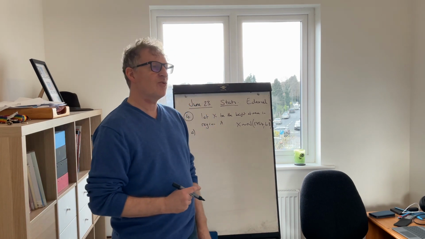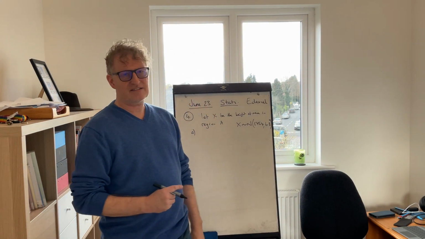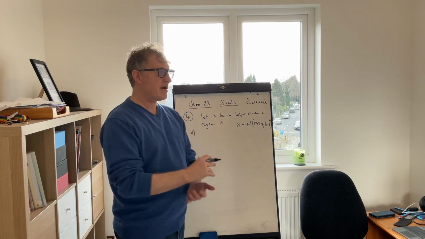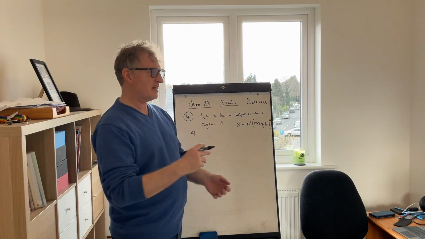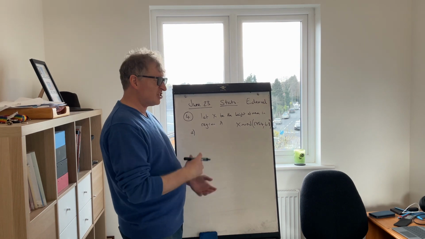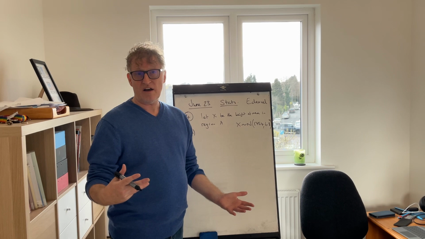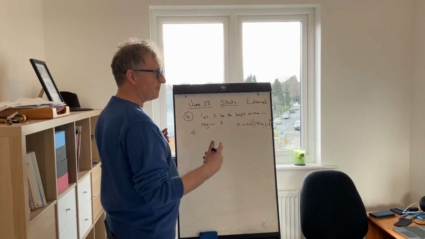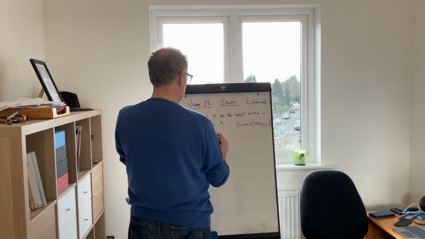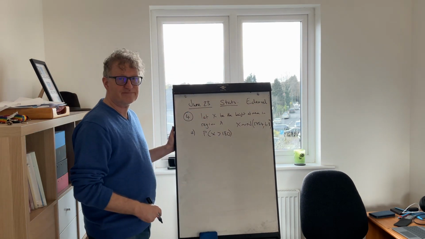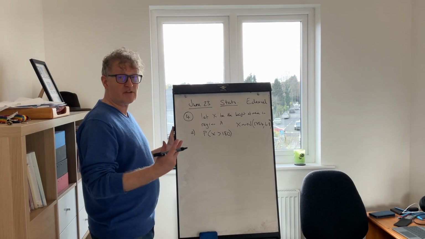Really, all they're saying is the same as if I select a man at random, what's the probability that they are above 180? It's just basically saying what fraction or decimal or percentage are greater than 180. So really, what we're trying to find is the probability that a random person is above 180. I think the wording might have thrown a few people.